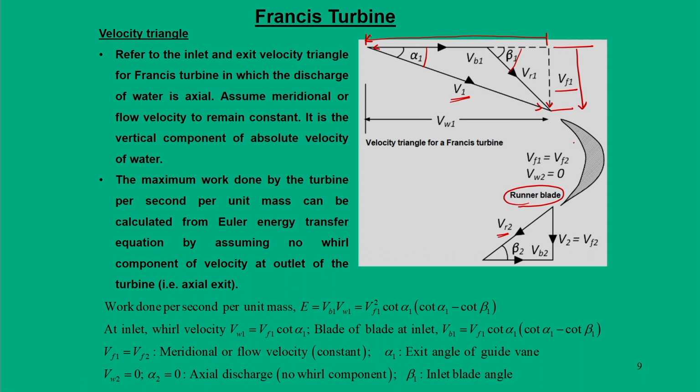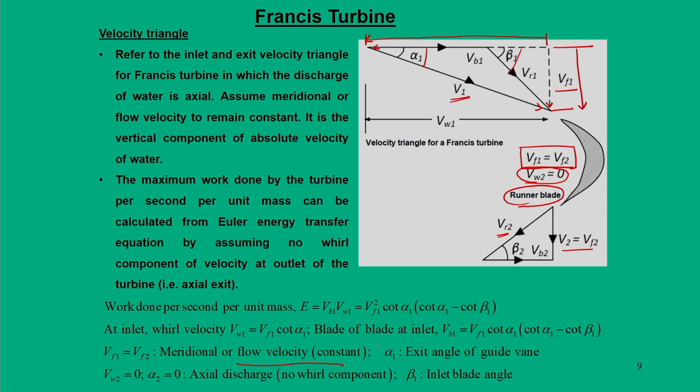Now, the angles are so designed that we need to ensure that Vw2 should be 0, to harness maximum energy. When Vw2 is 0, then essentially we have the expression Vf1 is equal to Vf2. What are Vf1 and Vf2? For this Francis turbine, we call these the flow velocity or meridional velocity, and Vf1 is equal to Vf2, and that is nothing but your V2.